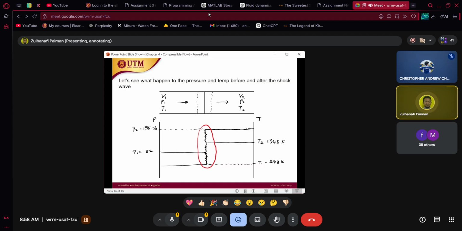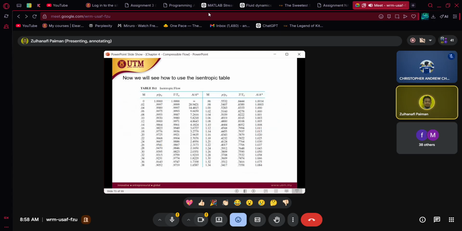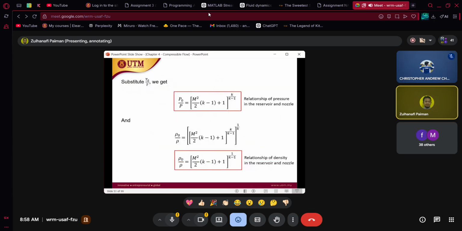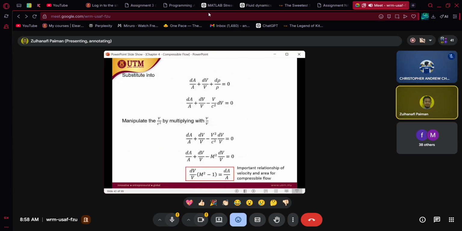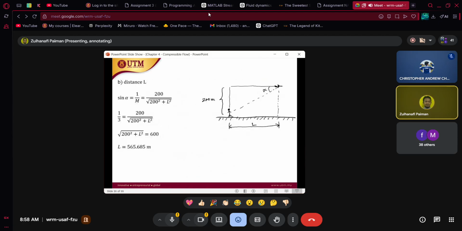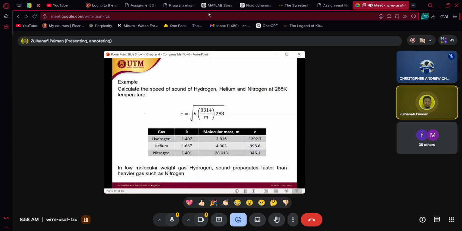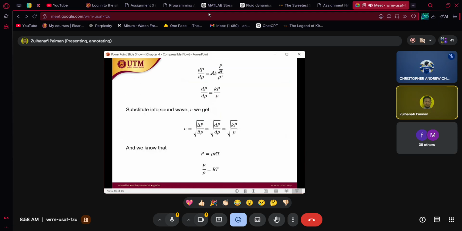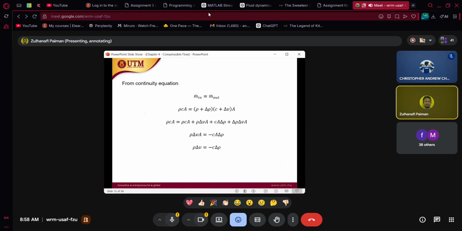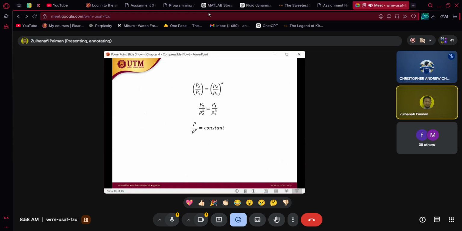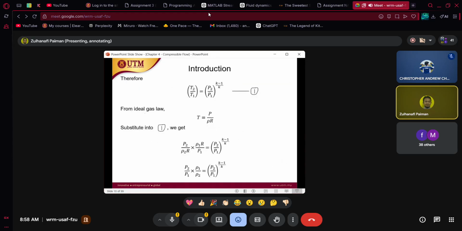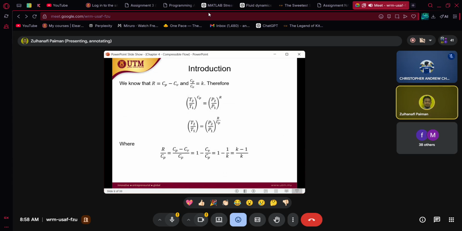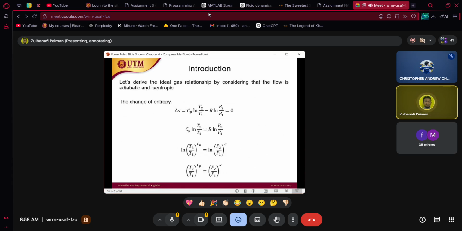So how to determine the delta S, the entropy? I think there are equations.